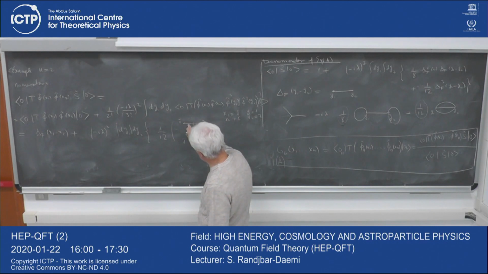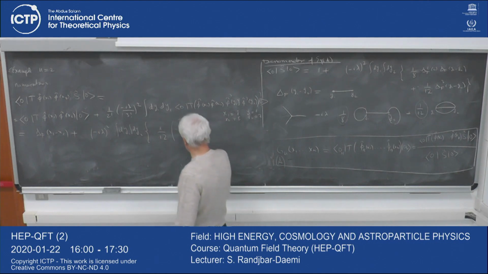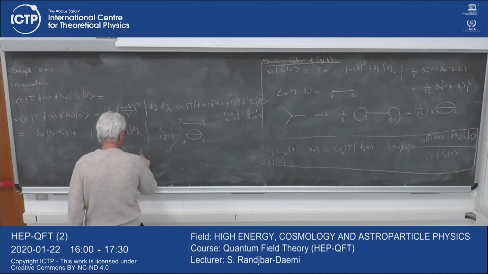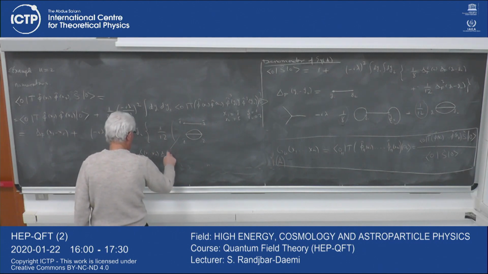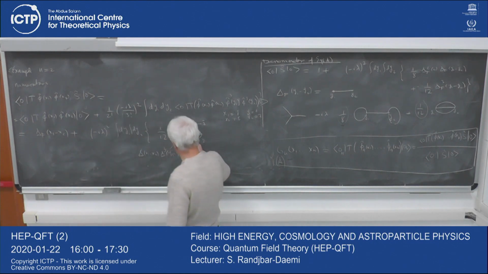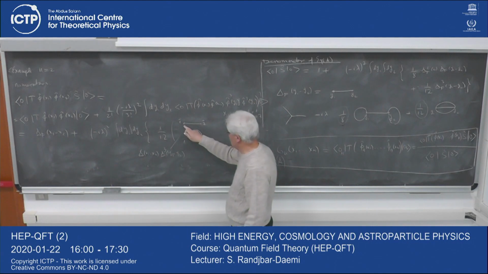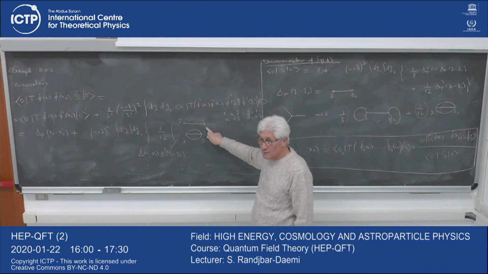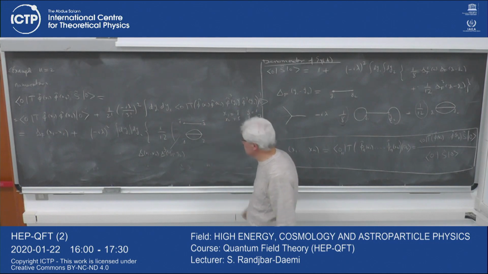That means the result is the Feynman propagator times the propagators corresponding to this one. The expression for this, for instance, is delta of x1 minus x2 times delta of y1 minus y2 to the power 3. There are 3 propagators to the power 3, and delta of x1 minus x2. That's the expression corresponding to this.